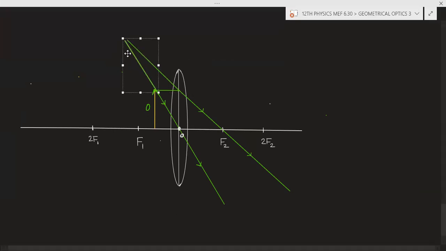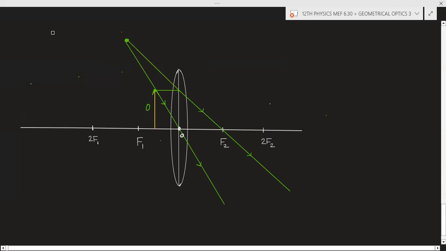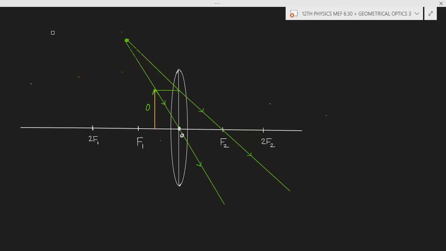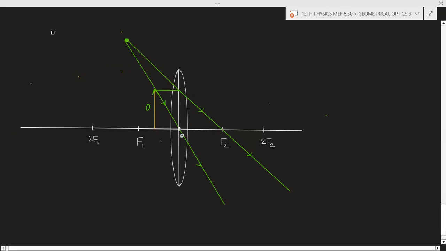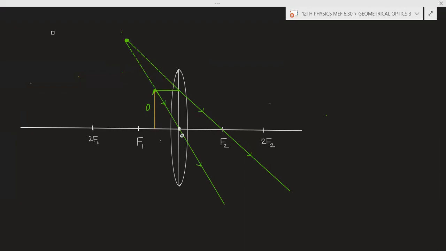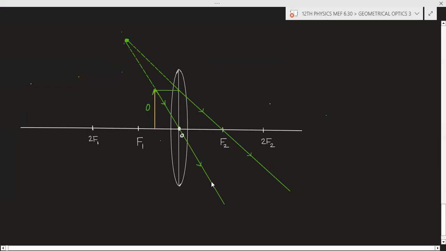So you can say the image will form somewhere here. What you have done is just produce these rays in the backward direction. In actual, these rays are diverging and will never meet.